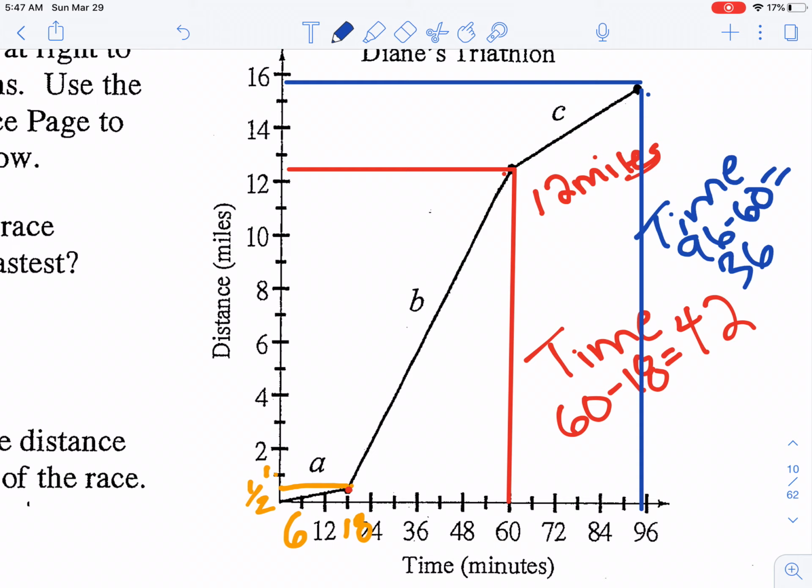Maybe it's not 16. I think it's 15 and a half.